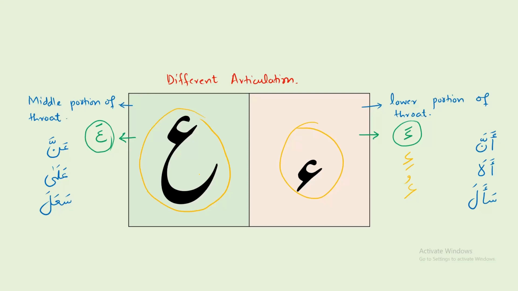Okay, so if we put a fatha on the hamza, what sound is there? Ah. When we are articulating the hamza, our tongue is in a natural position. It is in the resting position. We're not doing anything with the tongue, the sound is just coming out of our throat.